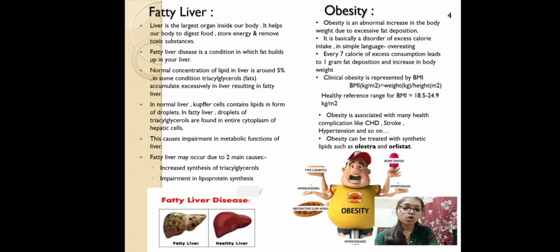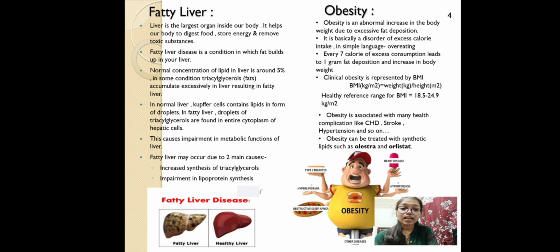Next, coming to obesity. So, what is obesity? Obesity is an abnormal increase in body weight due to excessive fat deposition. So, due to excessive fat deposition or accumulation, body weight increases, and that condition is called obesity. And obesity is basically a disorder of excess calorie intake. In simple language, overeating.